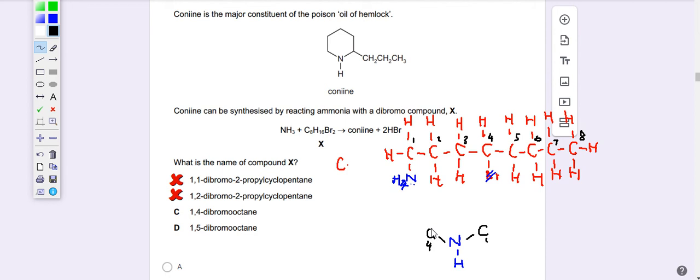Now, carbon number 4 is bonded to carbon number 3, which is bonded to carbon number 2. Carbon number 2 is bonded to carbon number 1. So it forms a 5-membered ring: 1, 2, 3, 4, 5. Then carbon number 4 is bonded to carbon number 5, 6, 7, and 8.